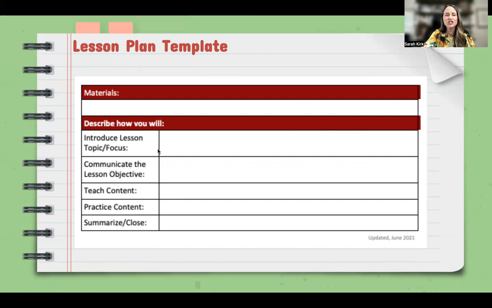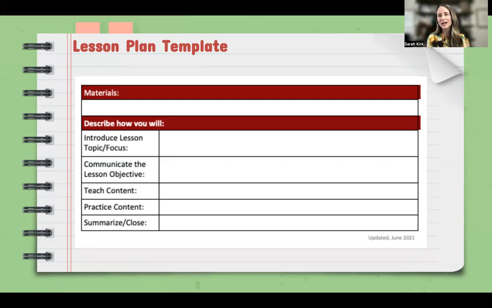Then it just has you go through the different parts of a lesson, just like a teacher would do. You're going to introduce the lesson. You're going to communicate the lesson objective. We want our kids to know what they're supposed to learn from this. That is an element of a good lesson. So this really strengthens the lessons we're providing. We want to teach the content. We want them to have an opportunity to practice the content.